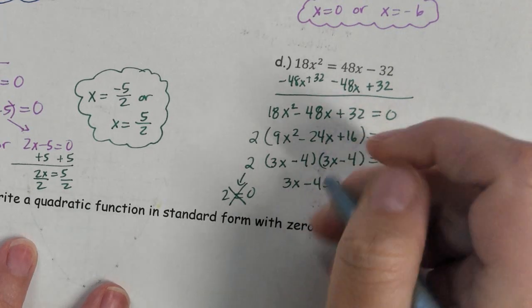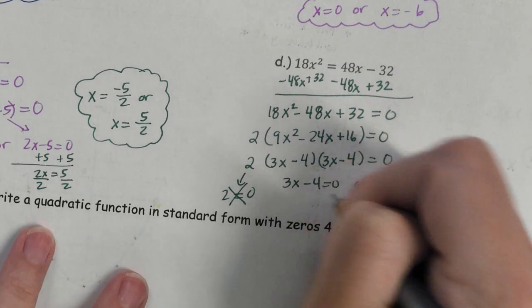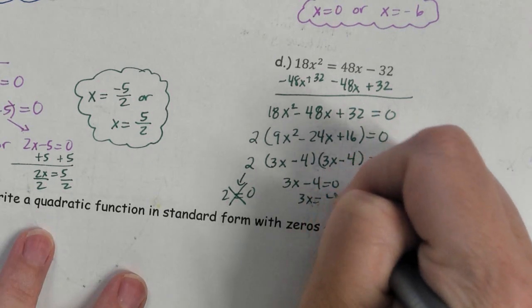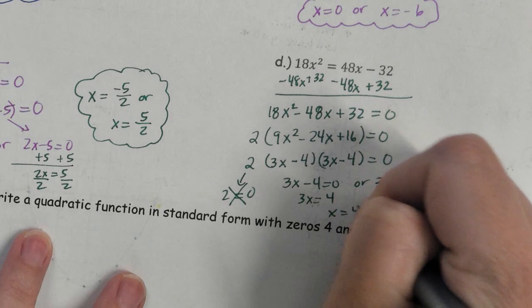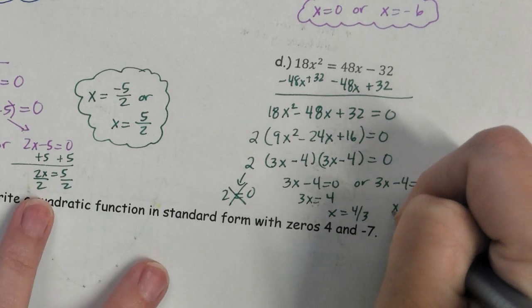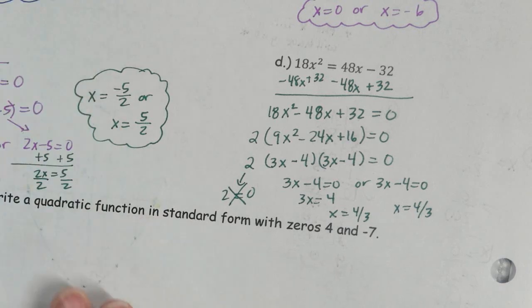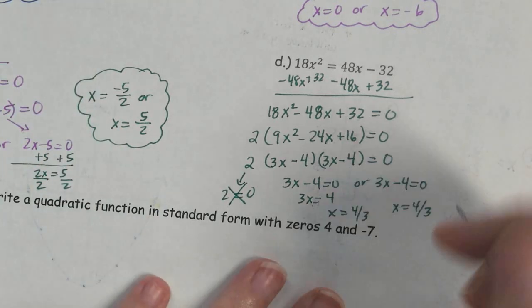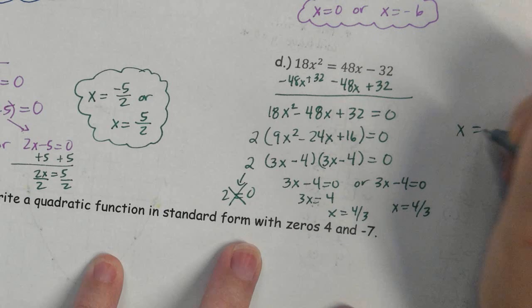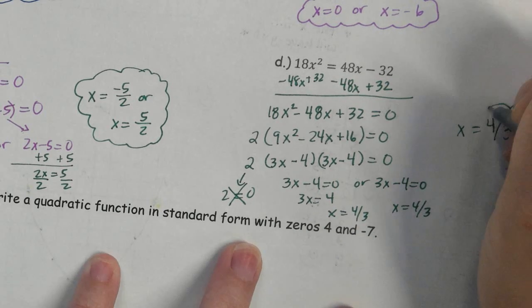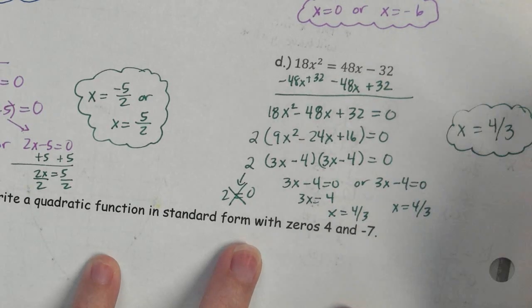In both cases, what is your x going to equal? Yep. So if it's the same thing, this is called a double root. You don't need to worry about that. If it's the same number, you can just say x equals 4/3. It's the only thing that works. That's fine.